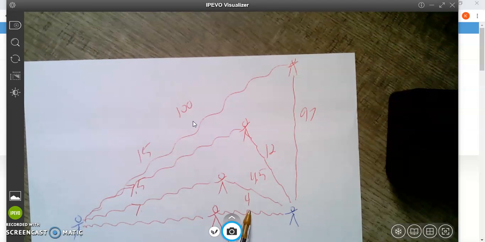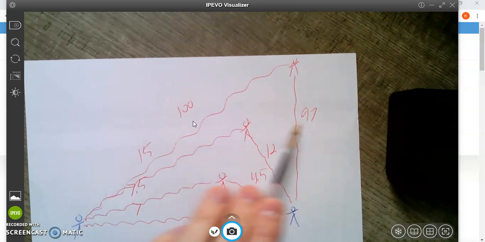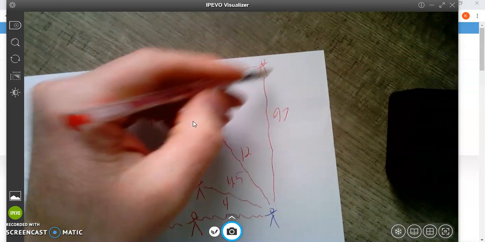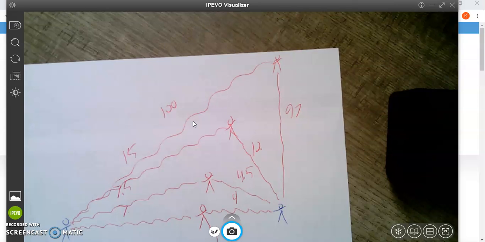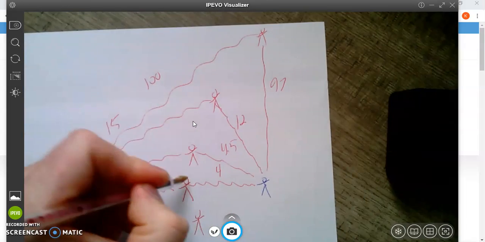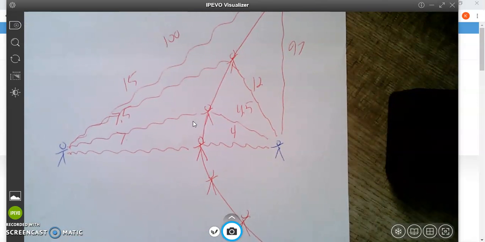Going from a 4 to a 7 is almost doubling it, but going from a 97 to a 100, they're relatively close. What that's telling me is, as these distances get further and further away, there's going to be an asymptote. They're going to get closer and closer to this line, but never quite get there because they're always going to be about 3 apart. So I have the makings of the first little leg of my hyperbola.